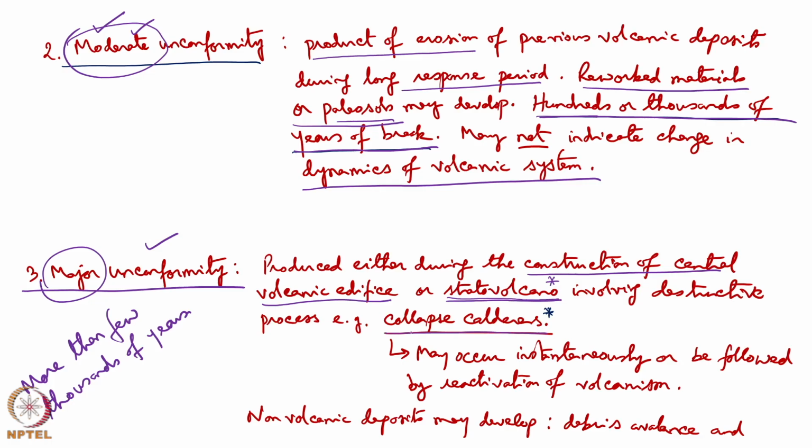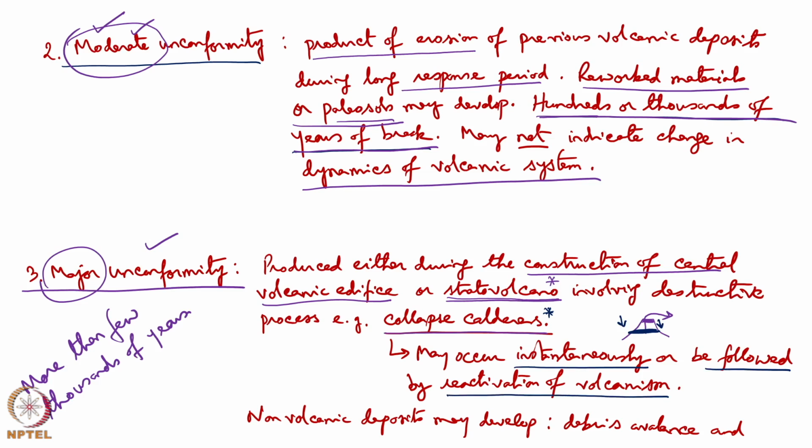Simply speaking, say this is a volcano and from here the eruption has happened. This portion after eruption may sink down and this is known as the collapse. Now, this collapsed caldera can occur instantaneously when the lava flow is happening, lava is erupted, or it can be followed by reactivation of volcanism.